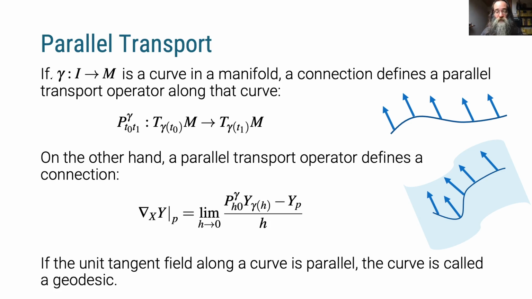This way you get the connection back. So these two notions are somehow dual. The next thing you can do with this is get the notion of a geodesic, because a geodesic is just a curve whose unit tangent field is parallel.